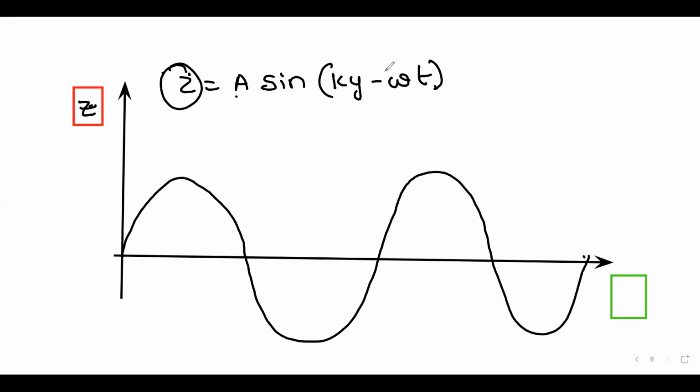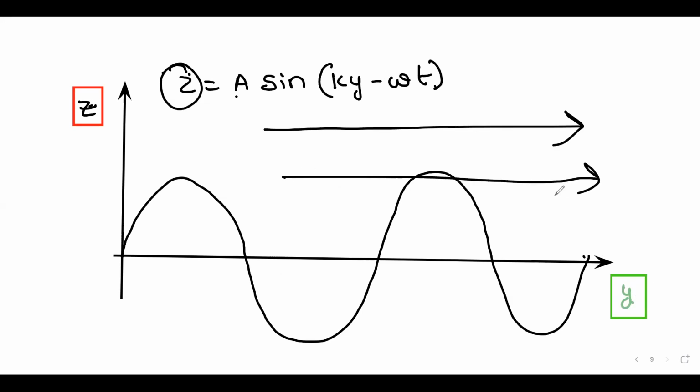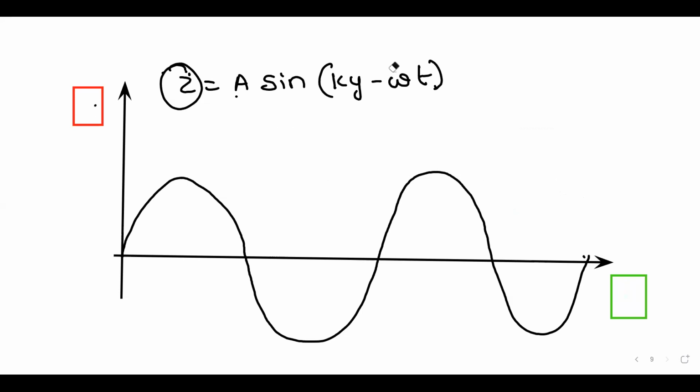Positive Y. So we have to write Y here. So in this case, wave is propagating in this direction. Is it clear? Yes, sir. Nice. Next. Any doubts? No, sir.